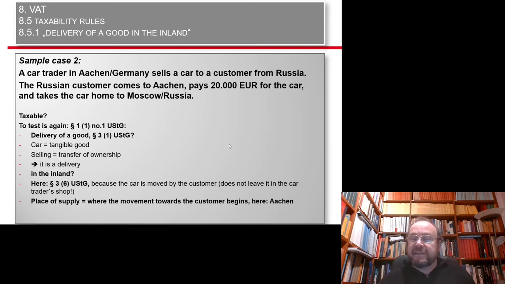Beginning is in Aachen. Aachen is in the inland, so this transaction is taxable. The next step would show that it is then tax exempt as an export if the car trader can prove that sufficiently. But nevertheless, first it is taxable, and if there is no proof of the export, it would be liable to tax. Okay.